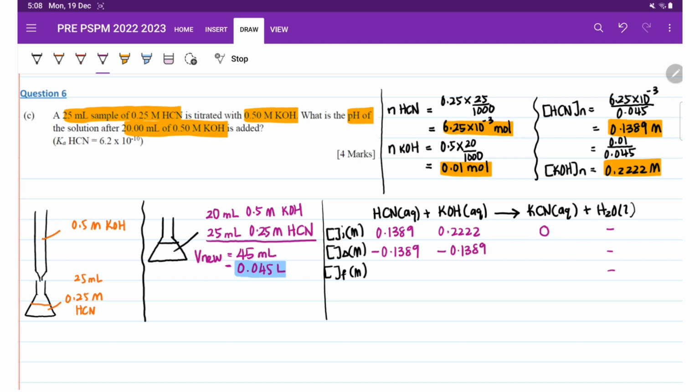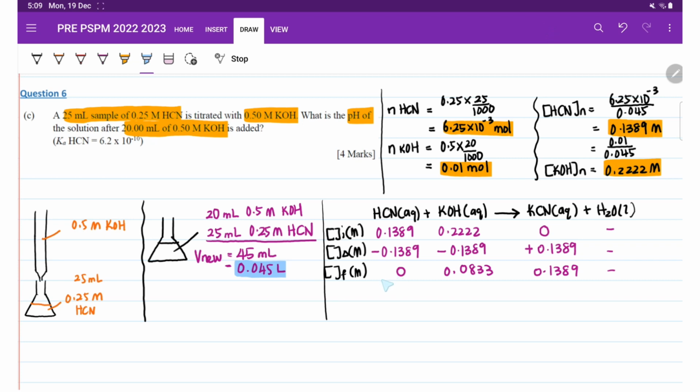For the KCN over here, it will be plus 0.1389. Okay, so the final concentration for each of our species here: HCN is 0, KOH we have 0.0833, and KCN is 0.1389 molar.